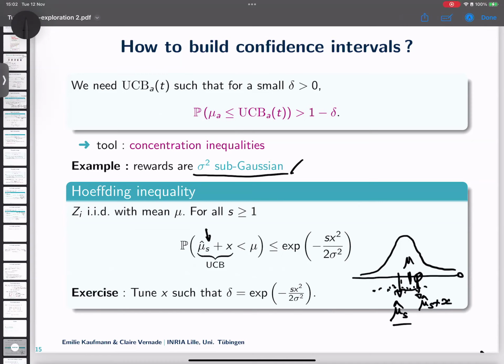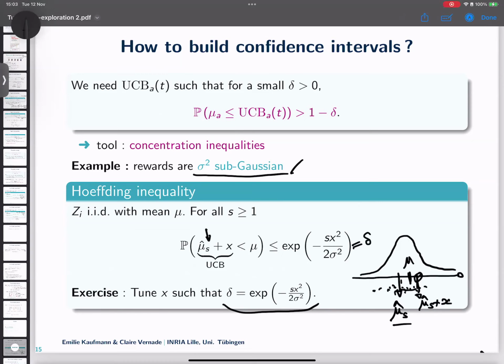And in the tutorial just after this session, you're going to get to play around with this and try to compute what is the right x that I should put here to guarantee that the probability of not estimating correctly my upper confidence bound is bounded by delta.